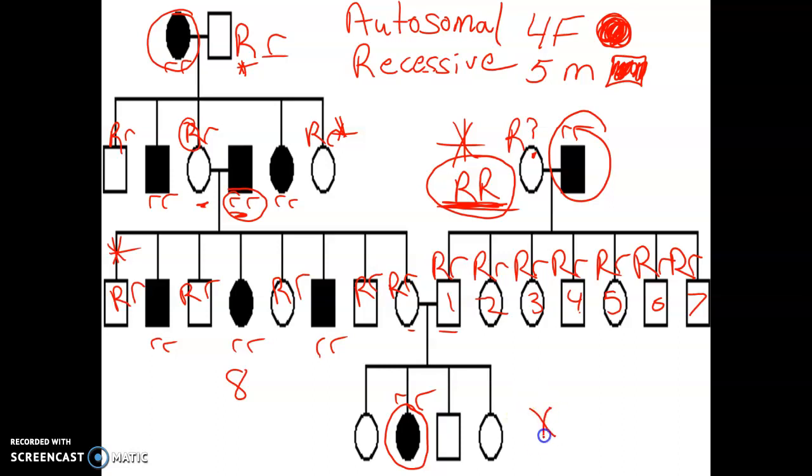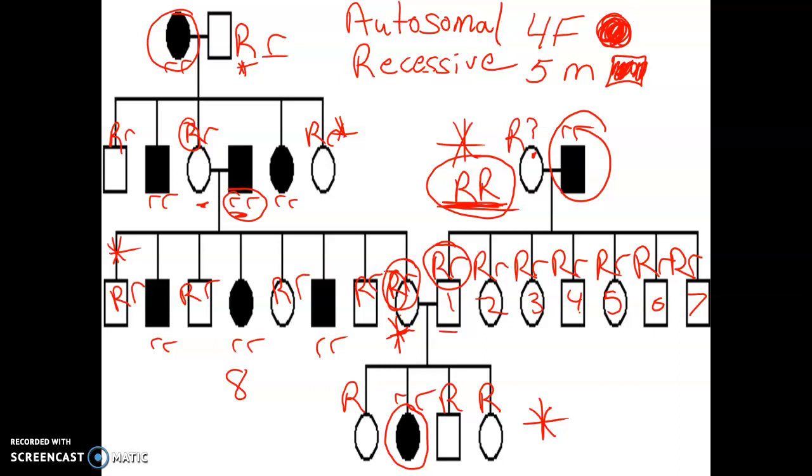All right, let's go down and finish this with this generation down here. We figured out that the parents have to be heterozygous carriers. Now, for the 3 children who are not affected, that means they have at least one big R. Let's pretend that this parent, the mom, gave them the dominant allele.